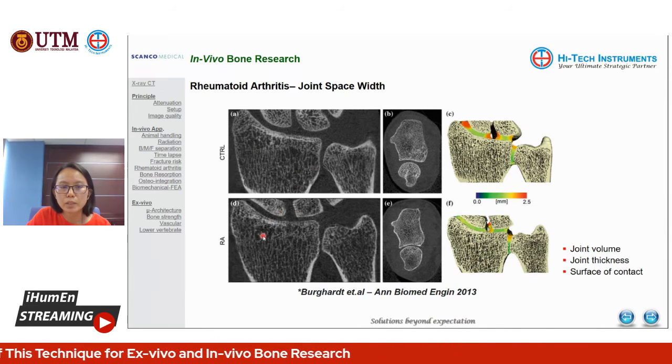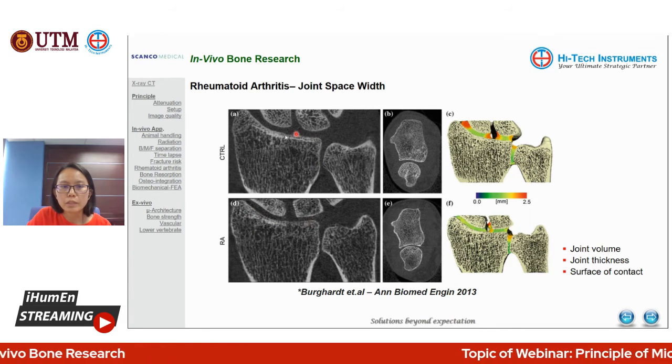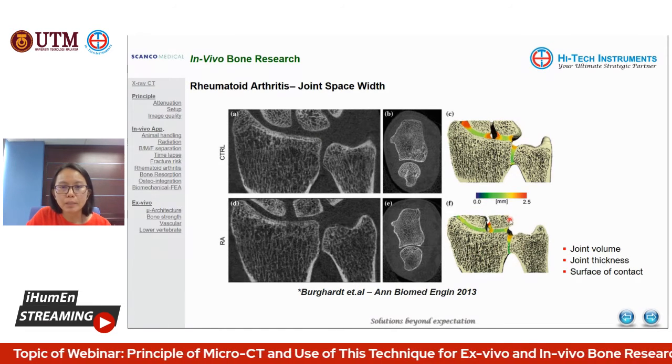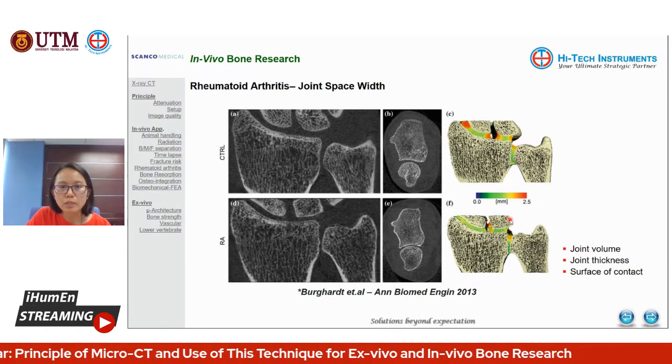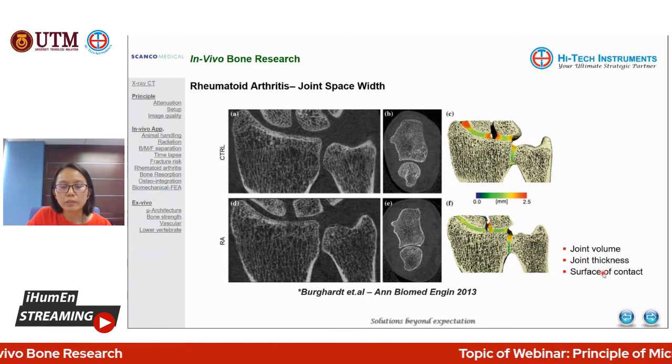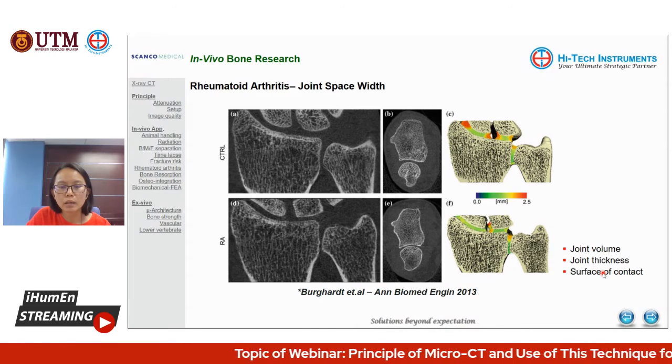This is the RA patient. You can see there is a reduced spacing between the joints here, which you can measure by submitting it into the software and requesting the software to do the calculation to provide you the joint volume, thickness, and also the surface contact, the information in both image and measurement.